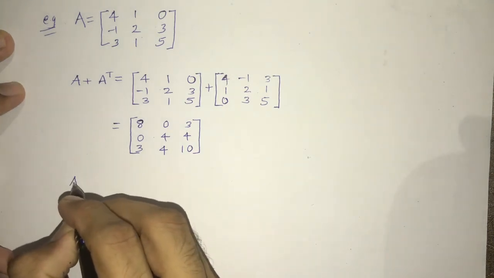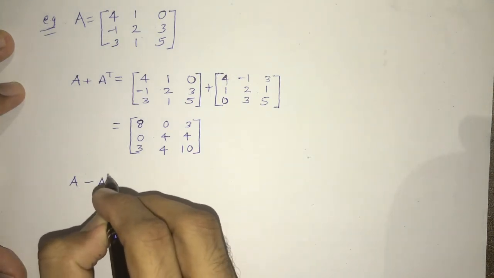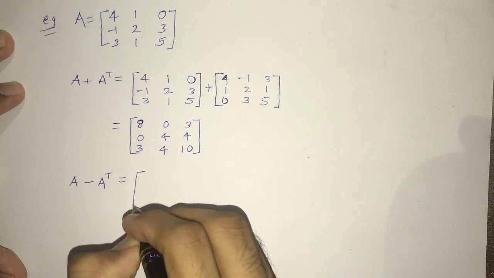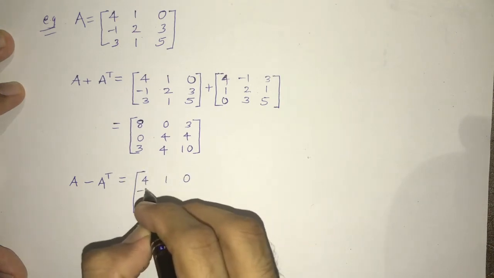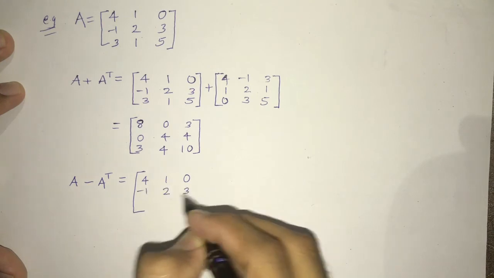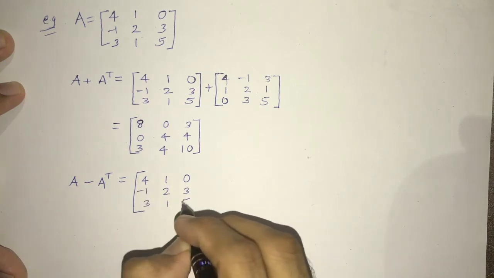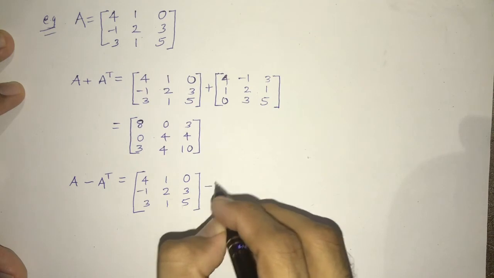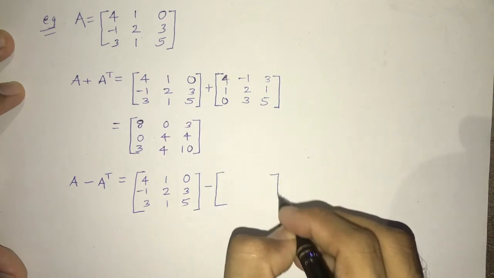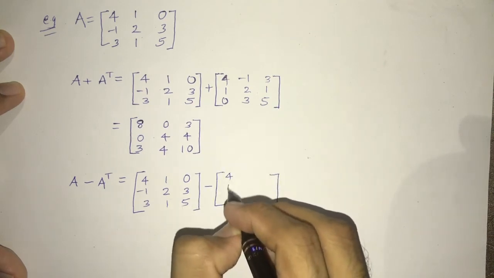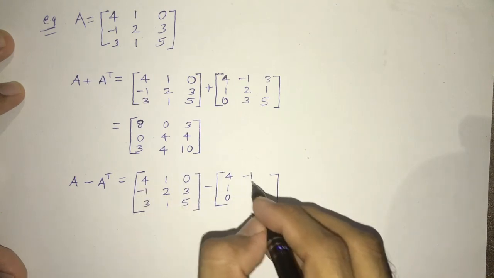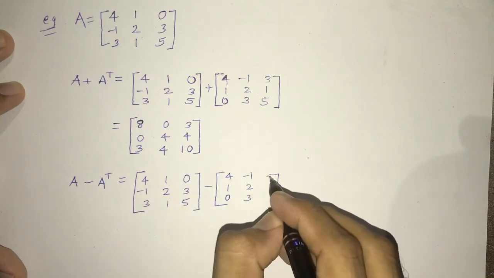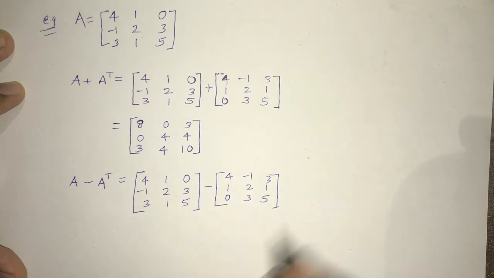Okay, next is A minus A transpose. So A is 4, 1, 0 again, minus 1, 2, 3, 3, 1, 5, that is matrix A. From that we are going to subtract the transpose. So 4, 1, 0, first row becomes first column, minus 1, 2, 3, 3, 1, 5.